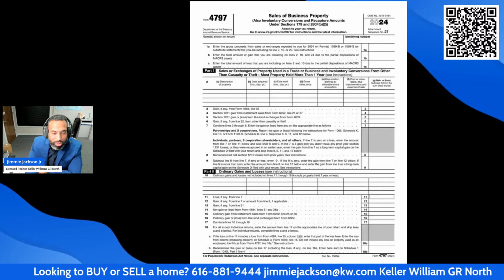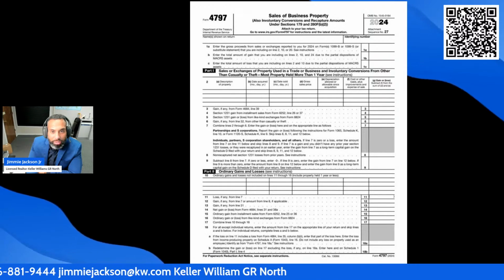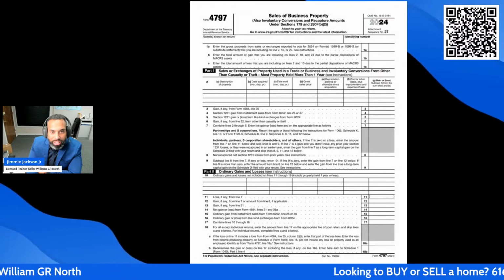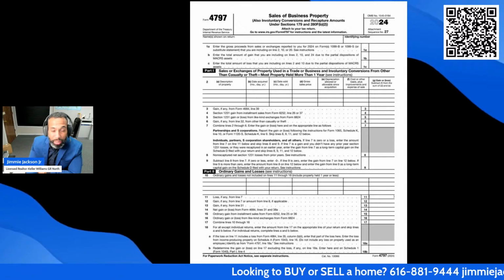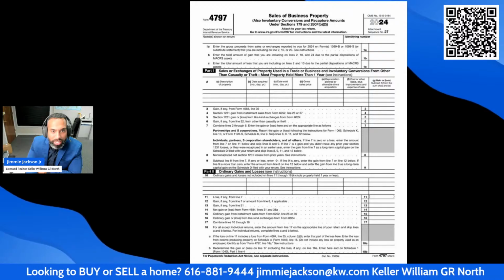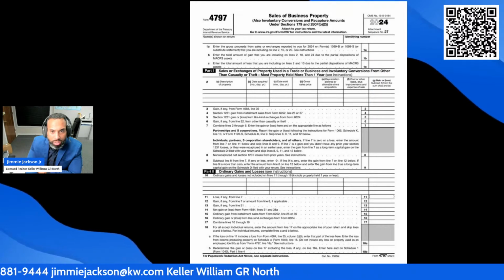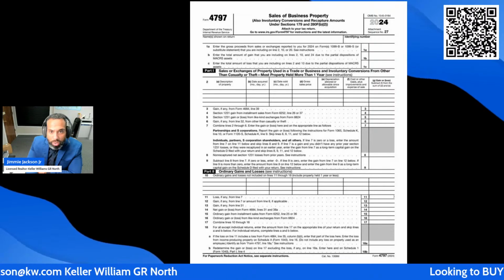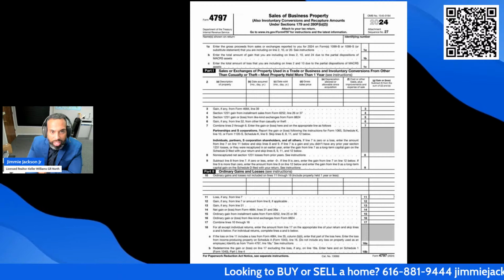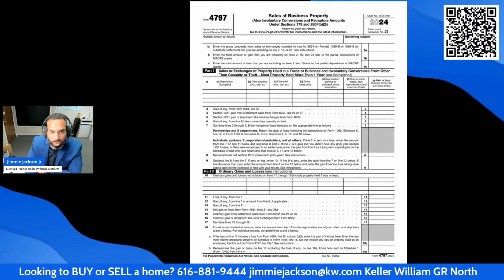I'm going to just scroll through it real quick. Sale of business property, also involuntary conversion of recapture amounts under Section 179. So it's just an involuntary conversion of your recapture amount. Once you understand what recapture amounts are, this will all make sense. You have to enter the gross proceeds from sales or exchanges reported to you for 2024 on Form 1099-B or 1099-S, or substitute statement, that you are including on line 2, 10, or 20.